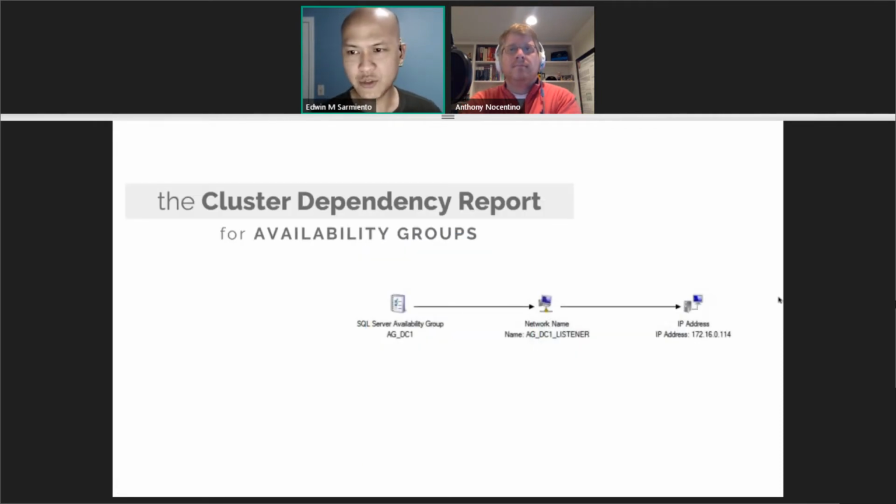Now, I will be answering Rahul's question in this case. In an availability group, like I said, you don't really need a listener name. You can have an availability group without a listener name. It's not mandatory. This is not like a failover clustered instance where you definitely need a virtual network name.